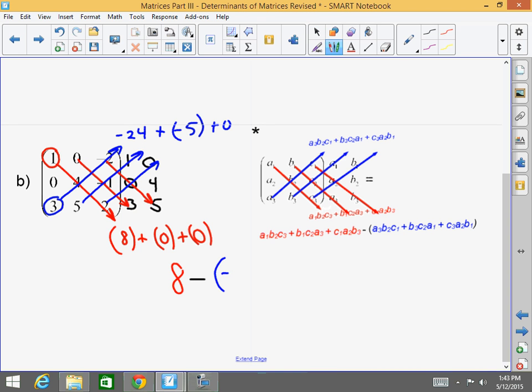So I'm going to put in parentheses negative 29. And I told you to find the determinant here. It's the red sum, or the bottom sum rather, however you want to see it, minus the top sum, or the blue sum. So 8 minus a negative 29 will be nice and easy, 37. And that's my determinant.